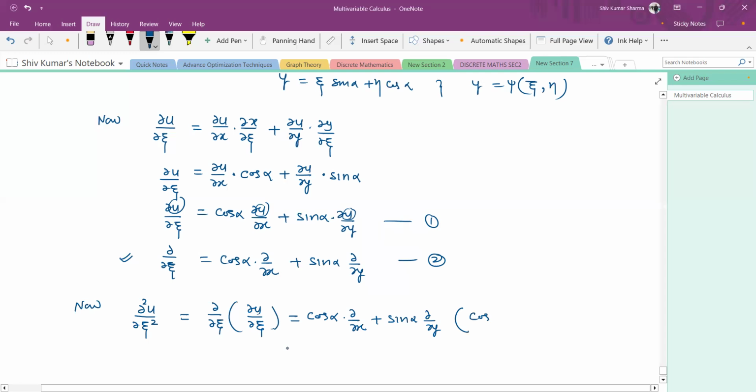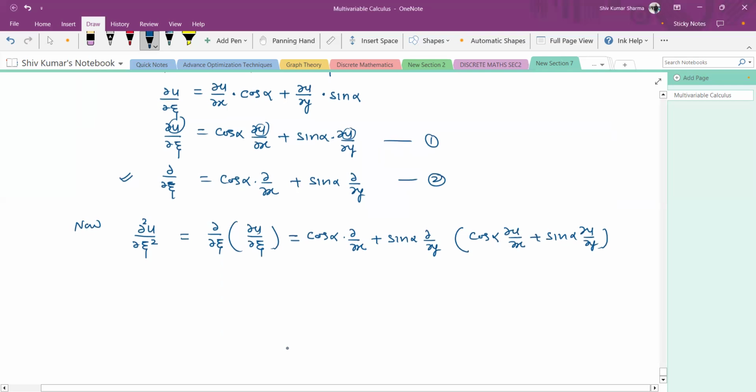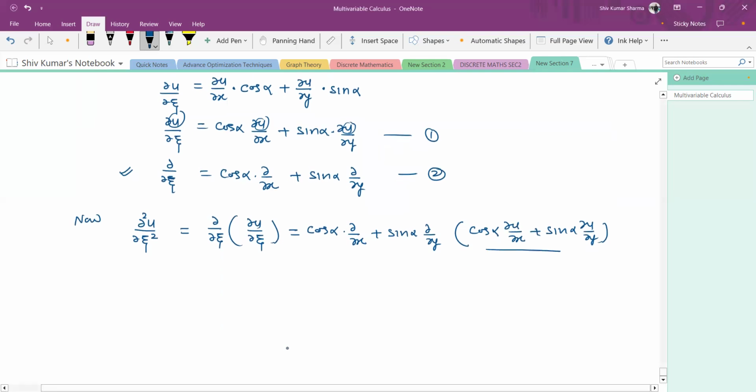The value of ∂u/∂ξ is cos α ∂u/∂x plus sin α ∂u/∂y. So we operate this on ∂u/∂x and ∂u/∂y.